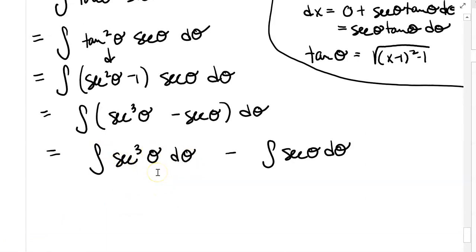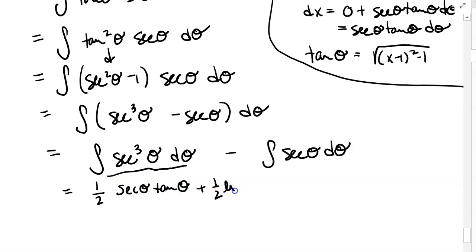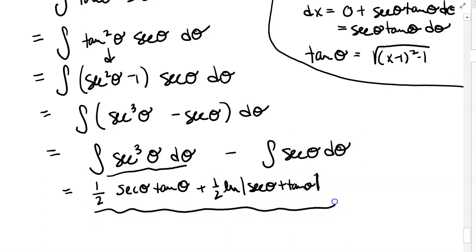But this comes from section 8.2, and it uses integration by parts, and you find that that gives you 1/2 secant theta tangent theta plus 1/2 times the natural log of the absolute value of secant theta plus tangent theta. So all of that is just the integral of secant cubed of theta. Again, go back to section 8.2 and you can see how we come to that.